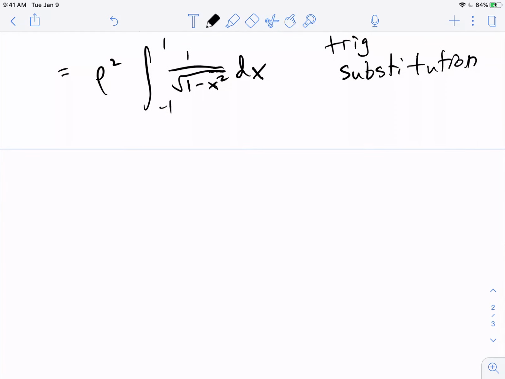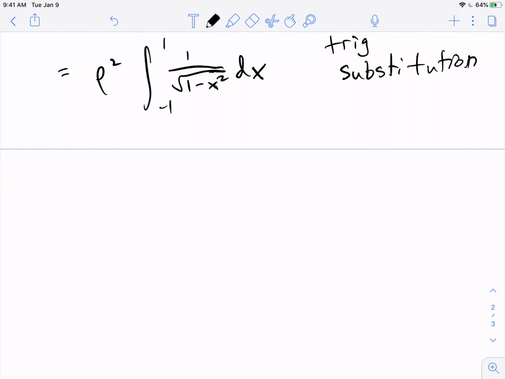So what do I mean? Even if you haven't seen trig substitution before, it's just a fancy form of u substitution using trigonometric equations. So I look at this. This takes a little bit of experience, but I look at this 1 minus x squared, and what I think of is sine and cosine.